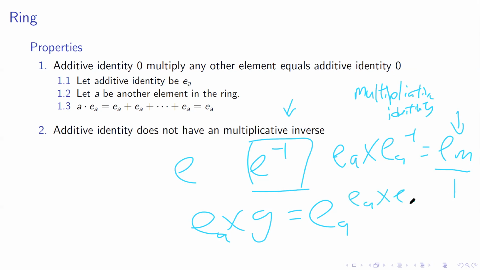So I want E_A times E_A inverse to equal 1, but we just proved that E_A multiplied by anything always equals E_A. So this must not be true.